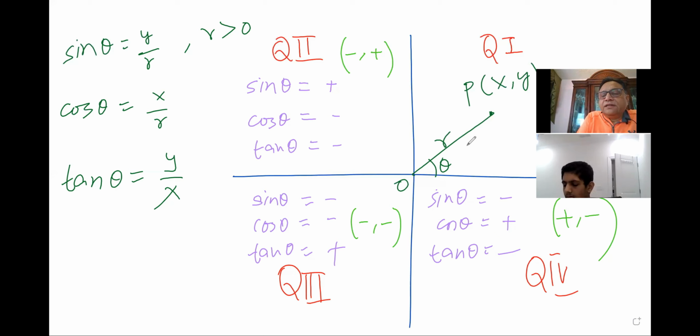Here you can see that all ratios are positive in quadrant 1, since both x and y are positive, right? But in quadrant 2, only sine is positive. In quadrant 3, only tan is positive. And in quadrant 4, only cosine is positive, correct? This is called the CAST rule.